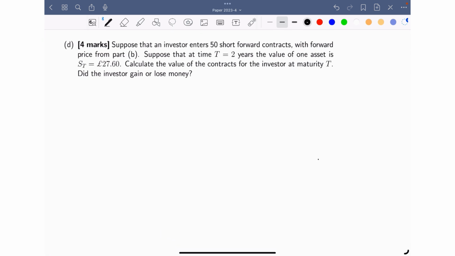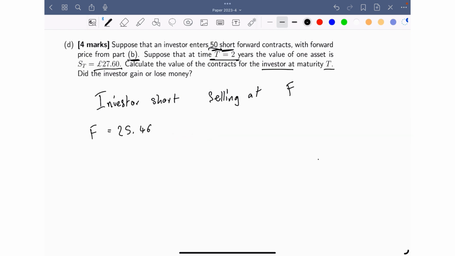So for D, 50 short forward contracts with this one B, suppose that at time T equals 2, the value is £27.60. Calculate the value of contracts for the investor at maturity T. Does the investor gain or lose money? So the investor's short, so they're selling at price F, and we know that F is equal to £25.46, and we know that the value at time T is £27.60.